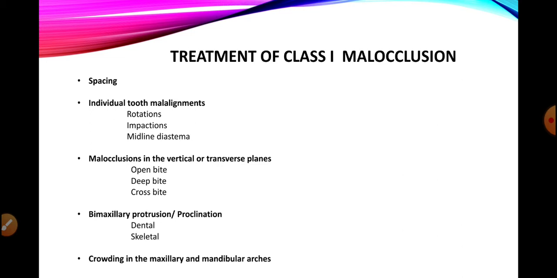So there are two variants, the dental and the skeletal variants for bimaxillary proclination and protrusion. And we can see crowding either in the maxillary or the mandibular arch or both arches. So these are the various types of malalignments that can be seen in cases of class 1 malocclusion. Now we'll be discussing them one by one, along with their management.